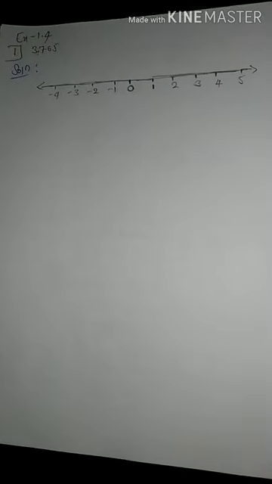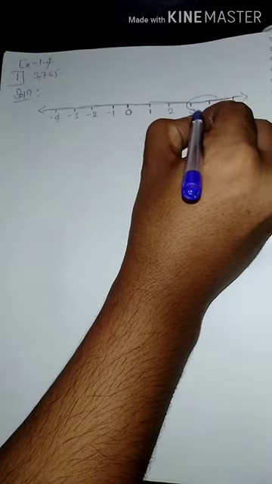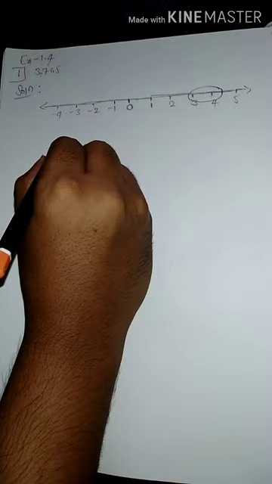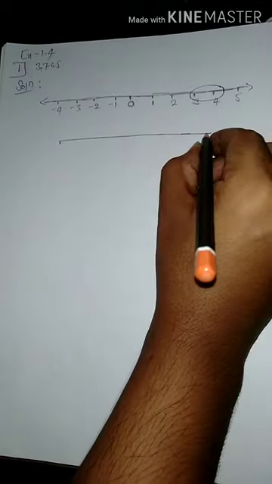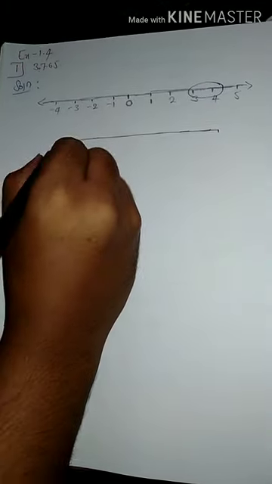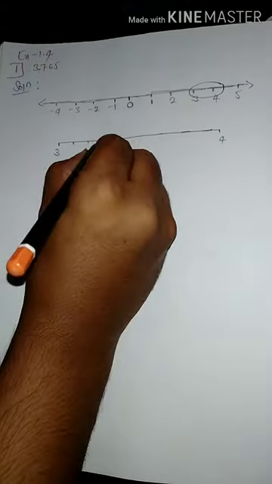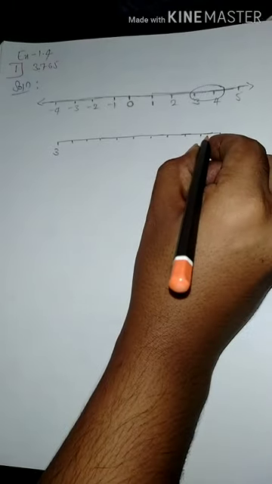Students, here we clearly noticed that 3.765 lies between 3 and 4. So next, take this portion out and further divide 3 and 4 into 10 equal parts. 1, 2, 3, 4, 5, 6, 7, 8, 9, 10.